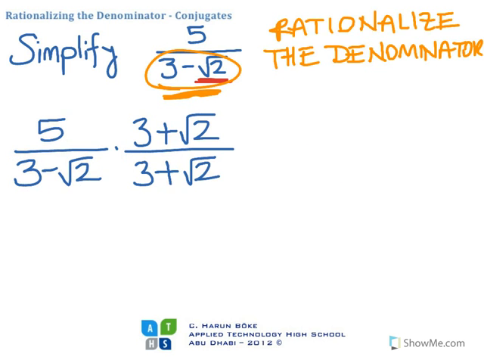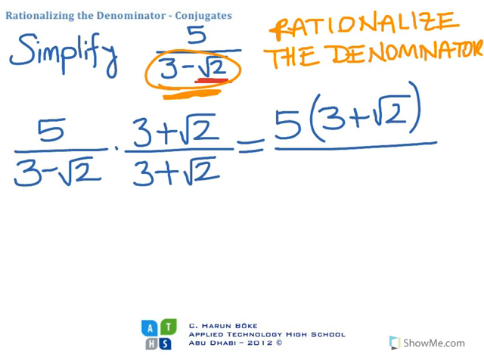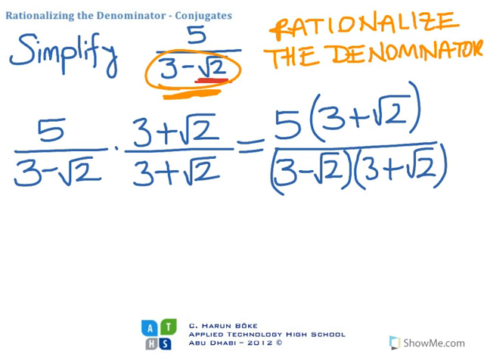So multiplying 5 over 3 minus root 2 with 3 plus root 2 over 3 plus root 2 will give you the following. You're going to multiply 5 and 3 plus root 2 at the top, and you're going to multiply 3 minus root 2 and 3 plus root 2 at the bottom.